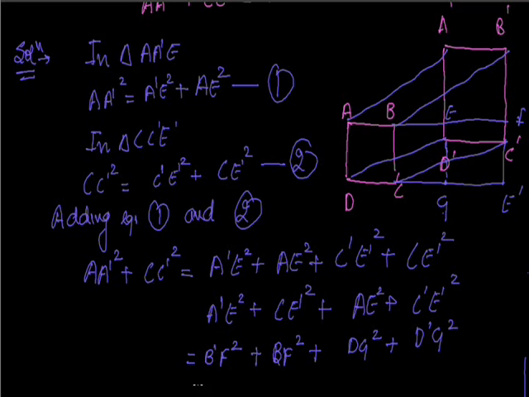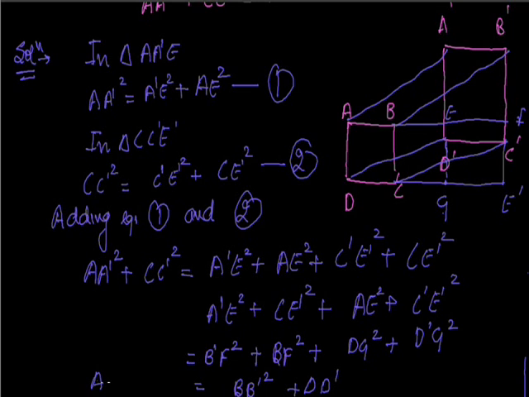So we will see in triangle B'FB, B'F square plus BF square will give B' square, and in triangle D'DG, DG square plus D'G square will give D' square.